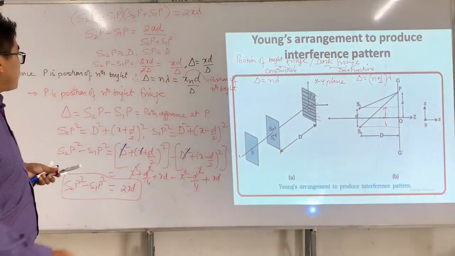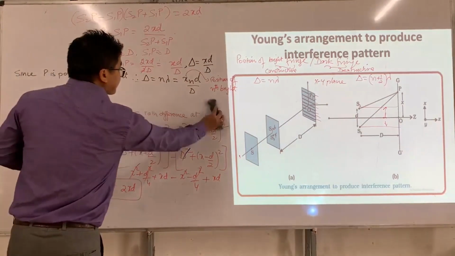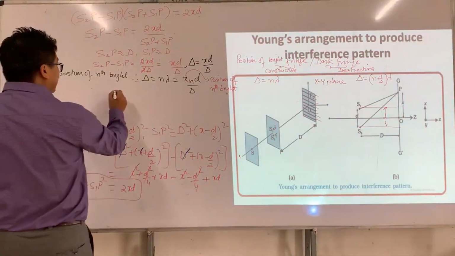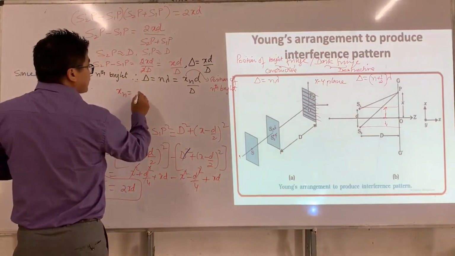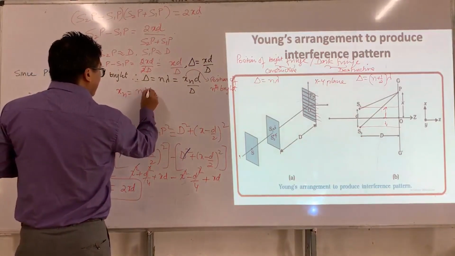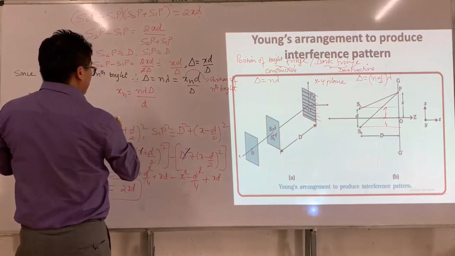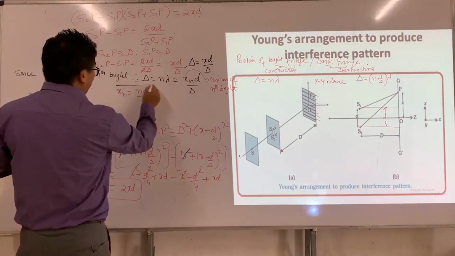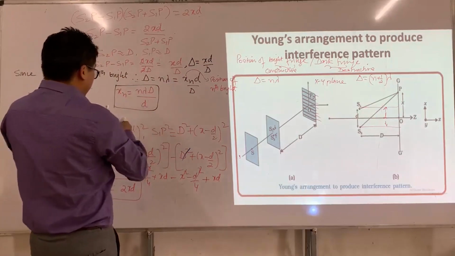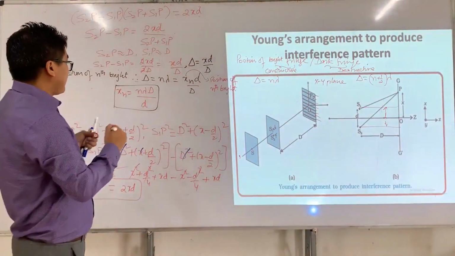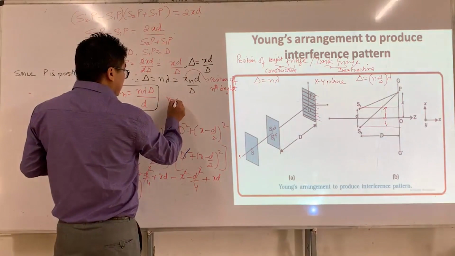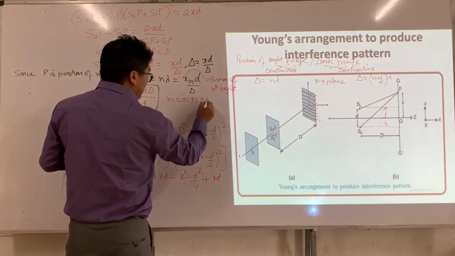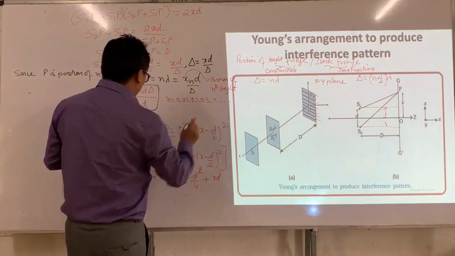So once we found the path difference, the xn is going to be n lambda D divided by small d. So this is the position of n bright. And n could be equal to 0, plus minus 1, plus minus 2, plus minus 3, and so on.